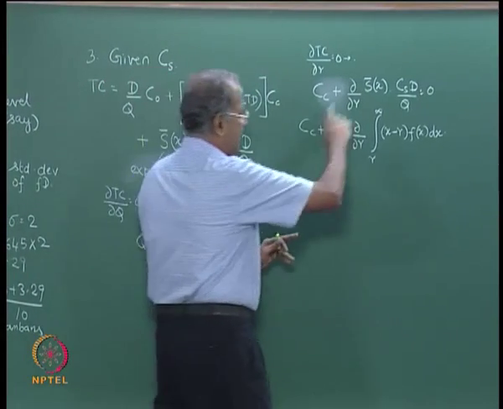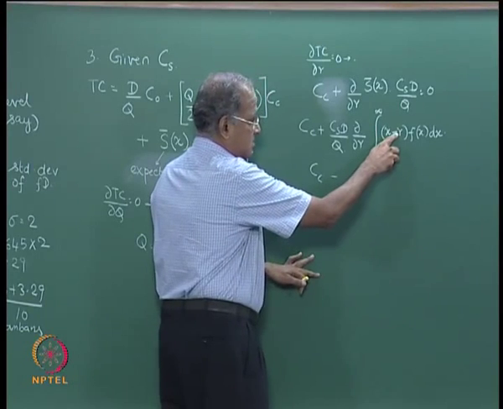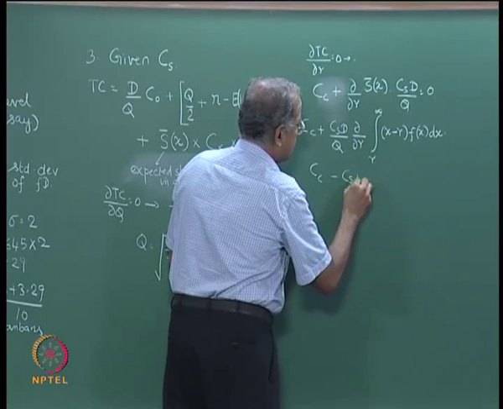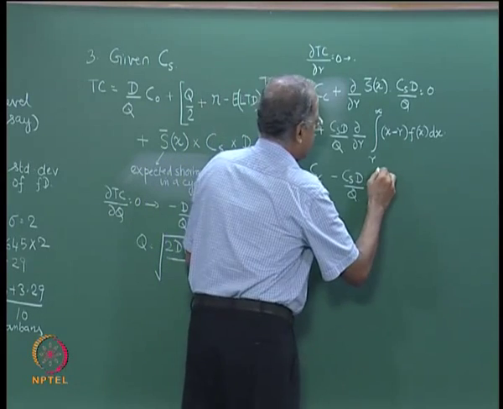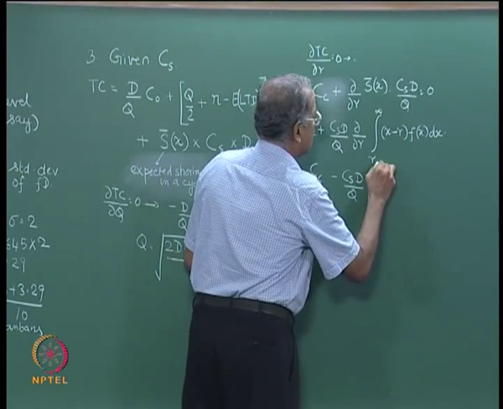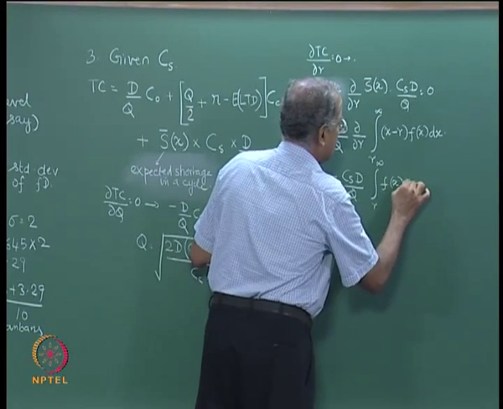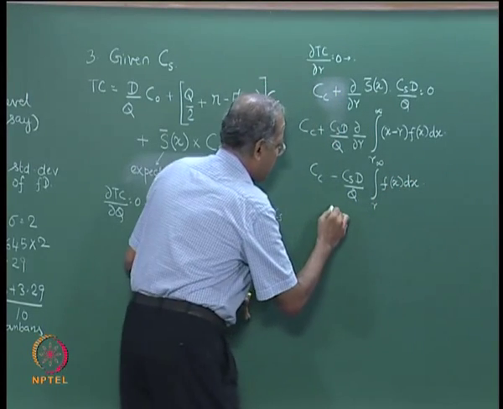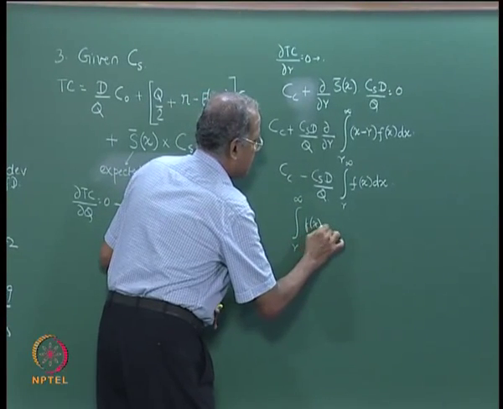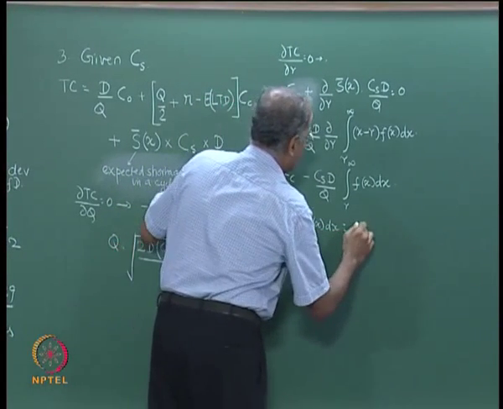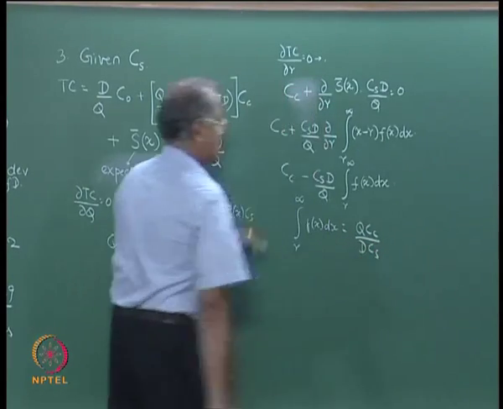So when we differentiate, we will get Cc minus, the minus comes from this, Cs D by Q integral R to infinity f(x) dx, from which integral R to infinity f(x) dx is equal to QCc by DCs.